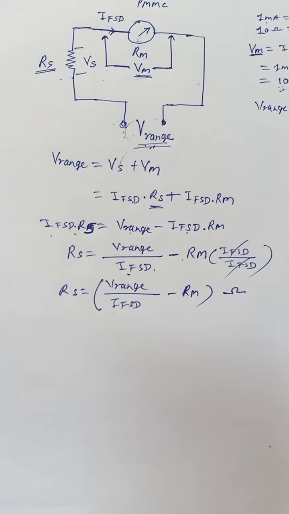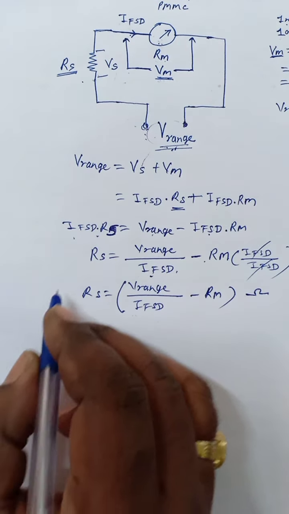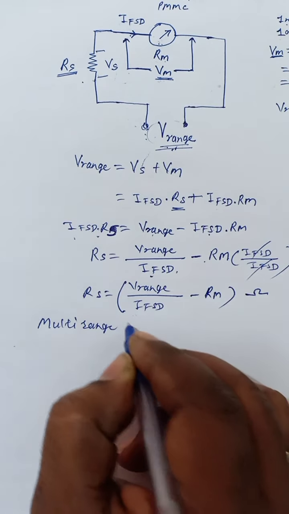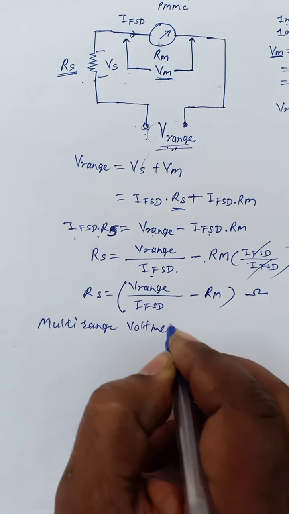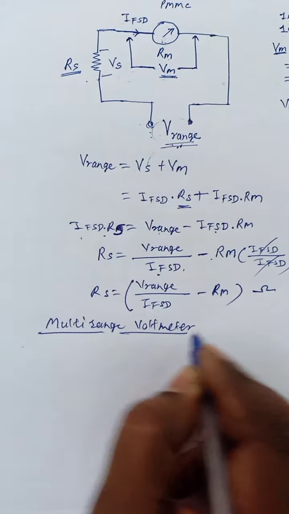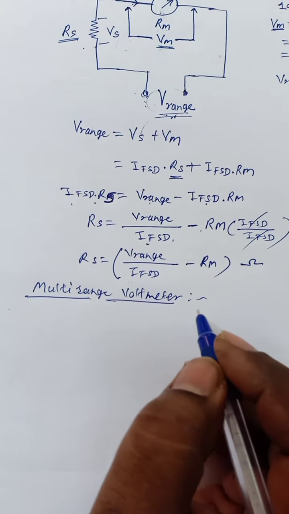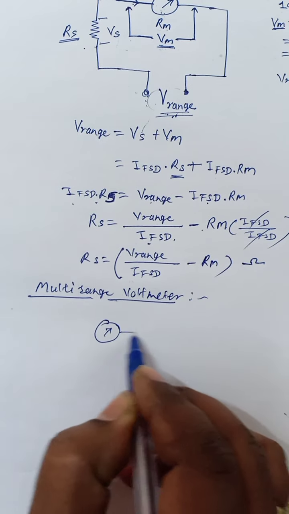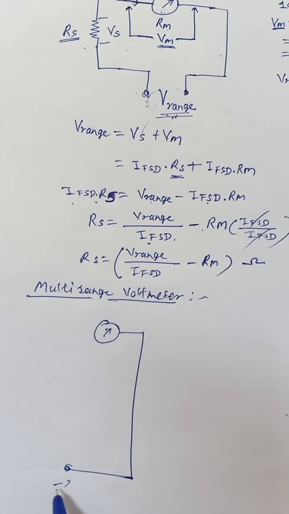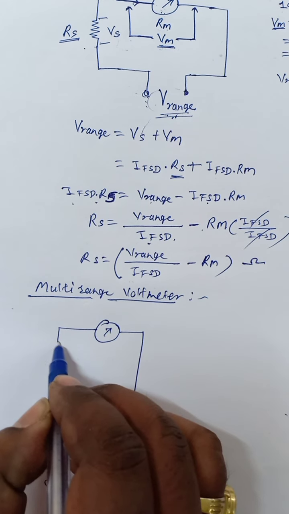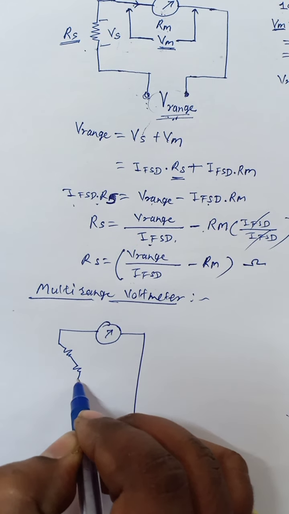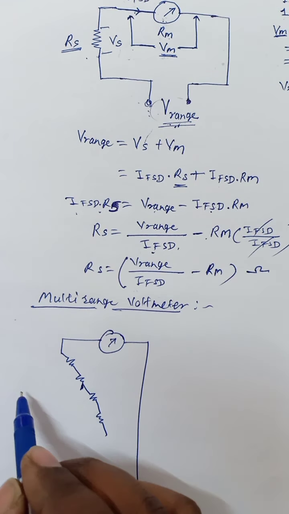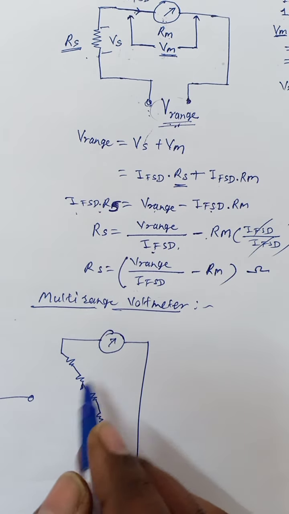Okay, let us see another last point, that is the multi-range voltmeter. In this multi-range voltmeter, you are going to use different series resistors, and we are going to use a selector knob.